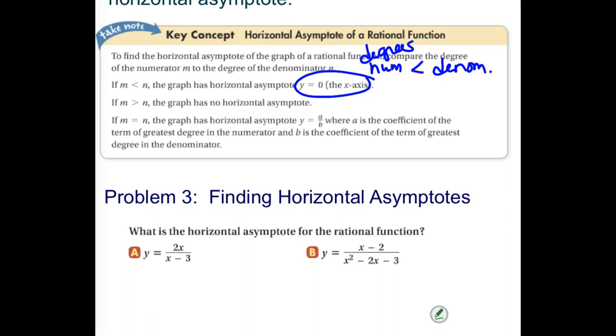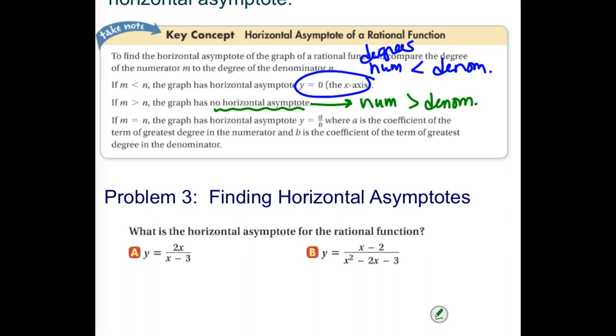If the denominator is smaller, so the numerator's degree is bigger than the denominator's degree, there isn't one. So if the top degree is small, it's at 0. If the top degree is big, we don't have one.